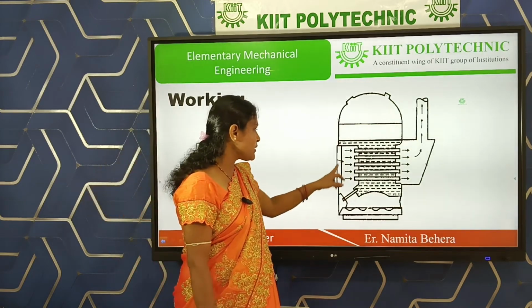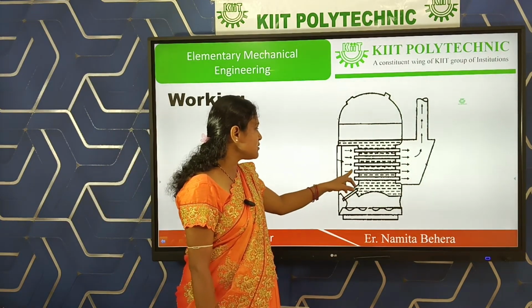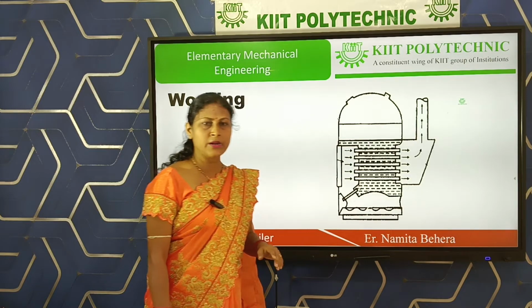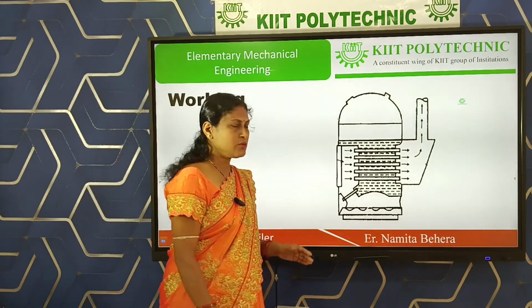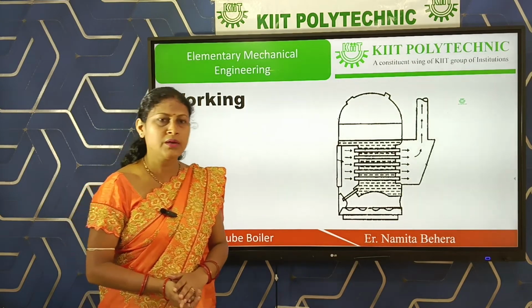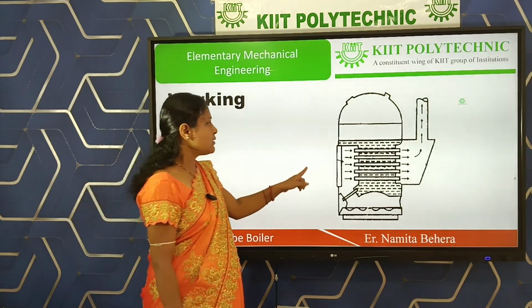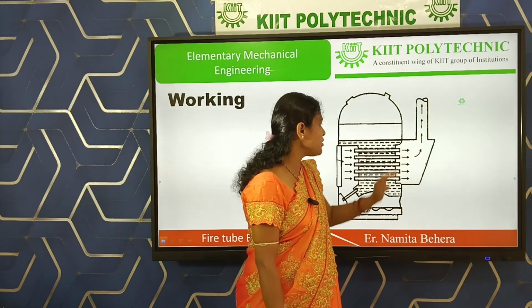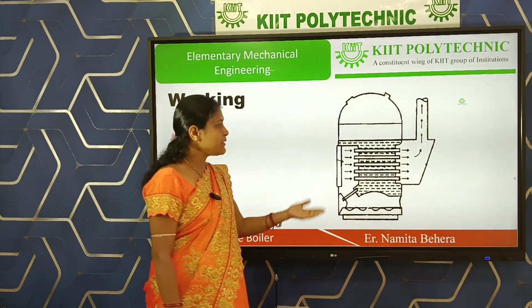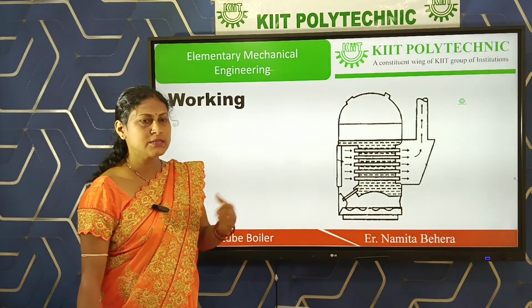Then they go to the multi-tubular fire tubes. Outside the fire tubes, the water is surrounded. Both come in contact with each other to form steam. Then unwanted hot gases or flue gases come to the smoke box. Finally, they are discharged to the atmosphere through the chimney.